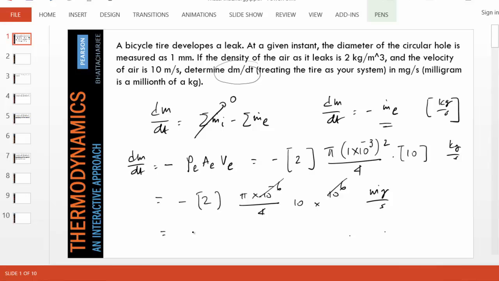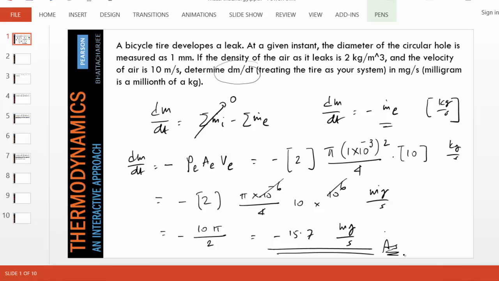We are left with 10 times pi by 4 by 2, which comes out to be pi times 5, which is about negative 15.7 milligram per second. So that's our answer to this question, dm dt.